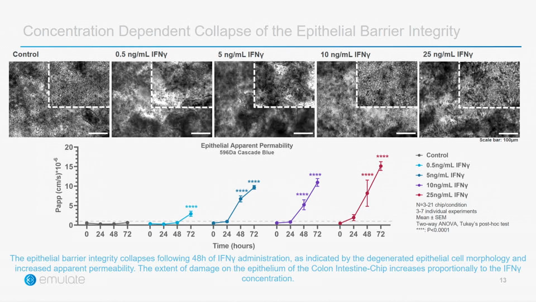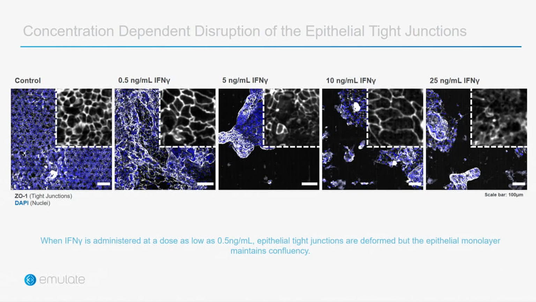And in our case, with this donor, we decided to move forward by picking an interferon gamma dose that induces a low-grade inflammation, enough though to trigger a collapse of the epithelial barrier, which is also shown by staining against zonula occludens-1, indicating disruption of the tight junctions without, however, loss of the epithelial layer confluency.